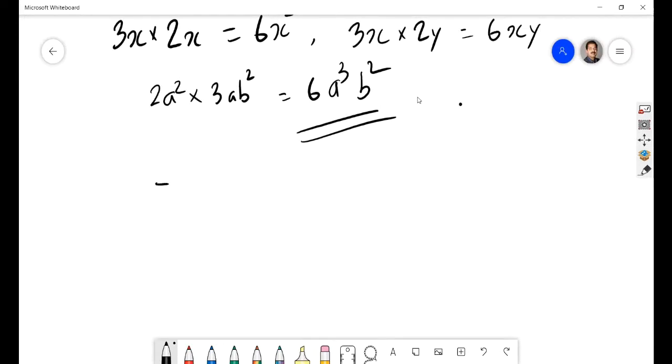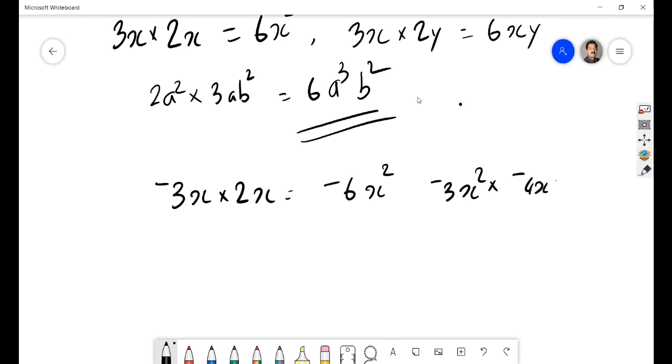If it is minus 3x into 2x, minus 3 into 2, minus 6, and x square. If it is minus 3x square into minus 4xy, you will write minus 3 into minus 4, 12, x square into x, x cube, and y. Like that it is.